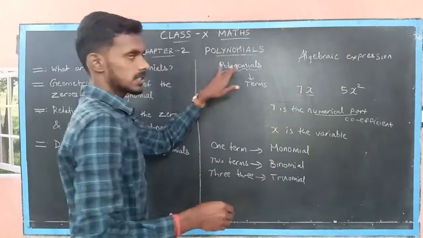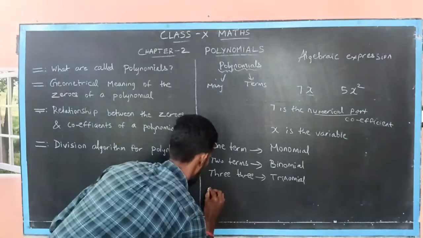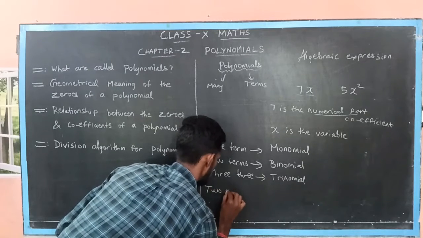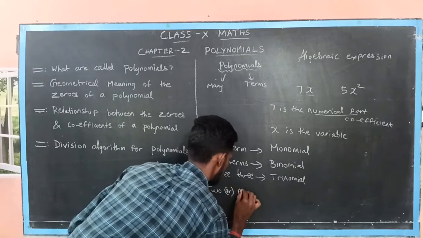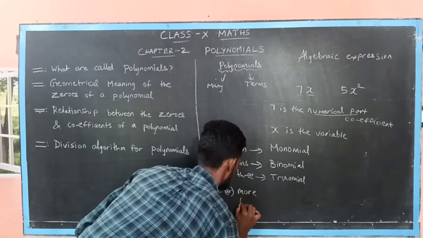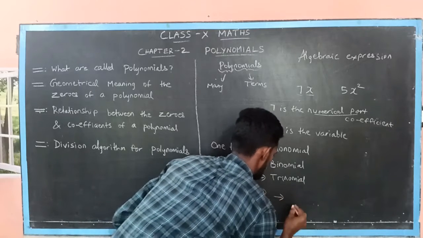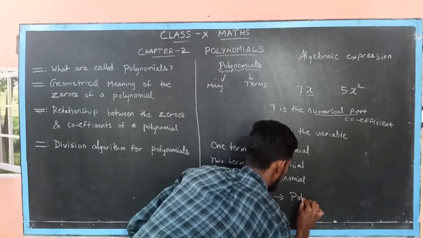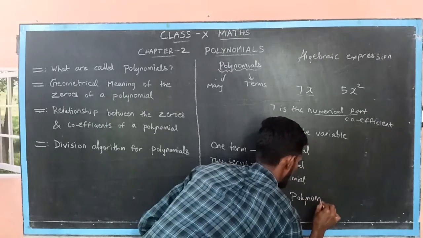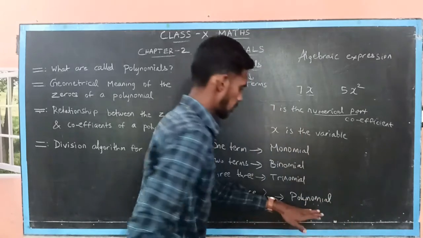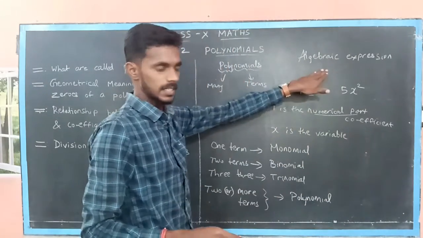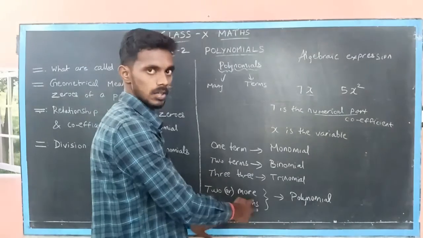Then what is a polynomial? A polynomial is an algebraic expression containing two or more terms.